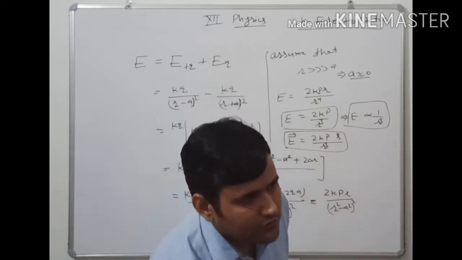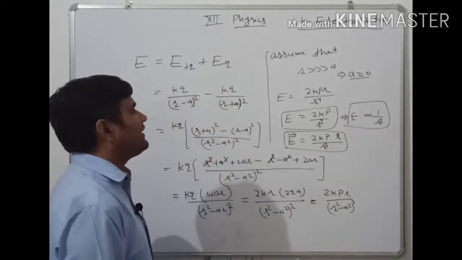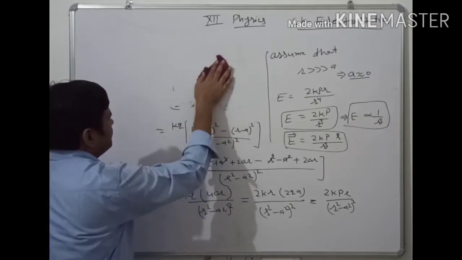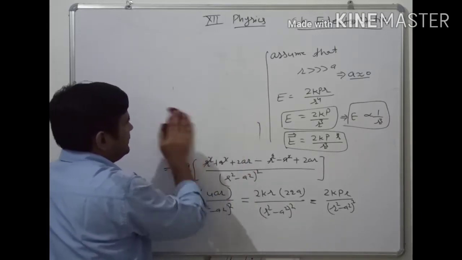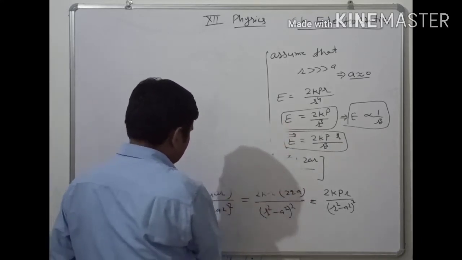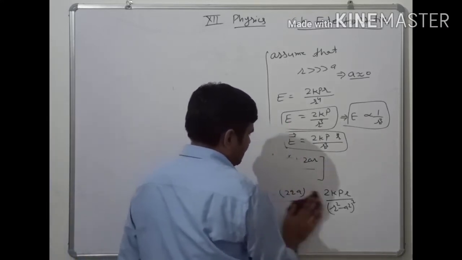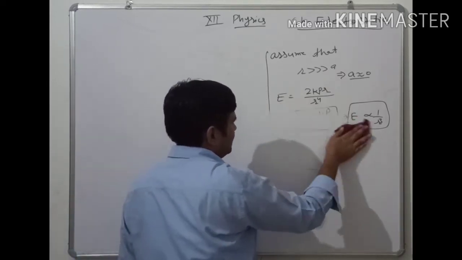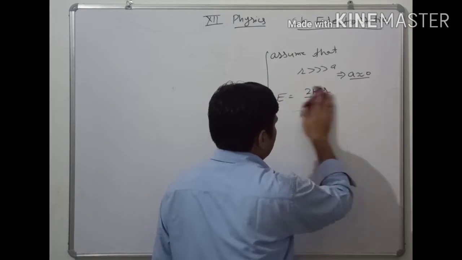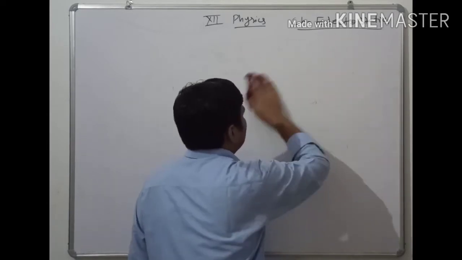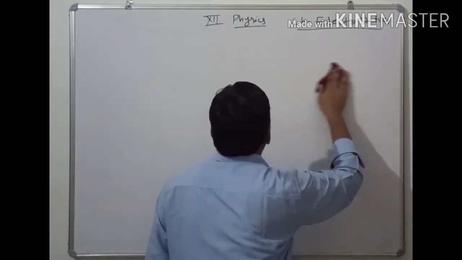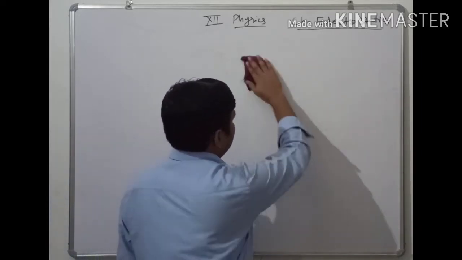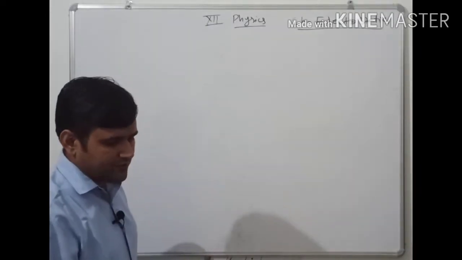Okay, next we will move on to the electric field intensity due to an electric dipole on the equatorial line. In this case, we derive the expression by considering a point P on the equator of the electric dipole. First, we will construct a diagram to see how the arrangement looks, and after that we will derive the expression.